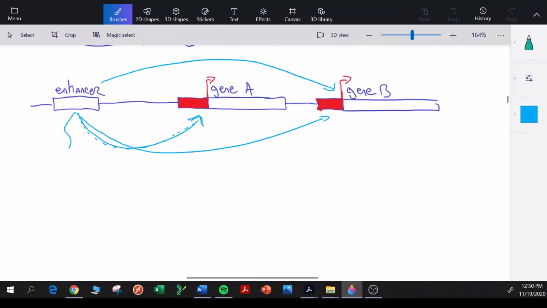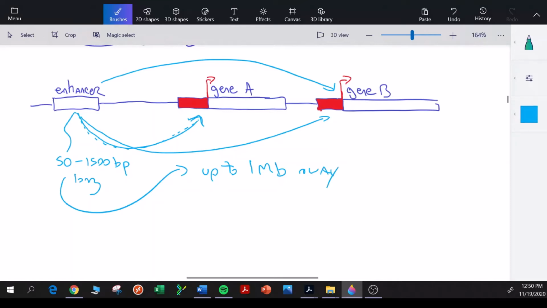Enhancers are generally 50 to 1500 base pairs long. They can influence transcription of genes that are up to 1 million bases away. Probably more, but I'm guessing 1 million base pairs is one of the longer distances that has been associated with an enhancer.